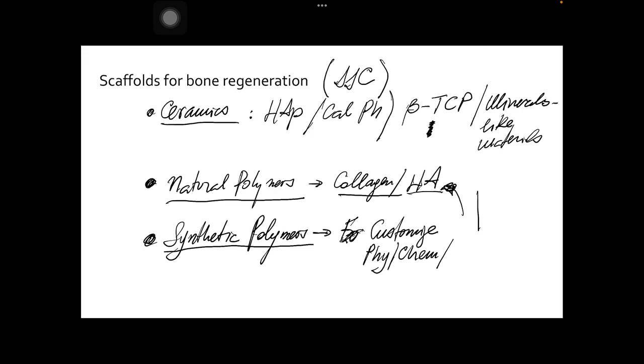So these type of polymers are quite important, like PLGA, polycaprolactone, polyethylene glycol PEG type of materials, or the combination of glycolic acid and lactic acid, PLGA, or PGA type of materials that can be used to customize the properties to accelerate bone regeneration.